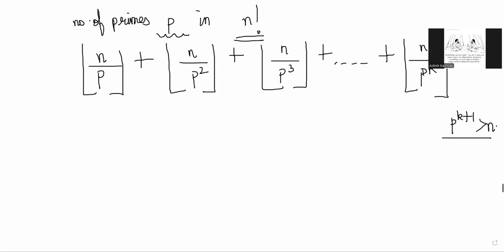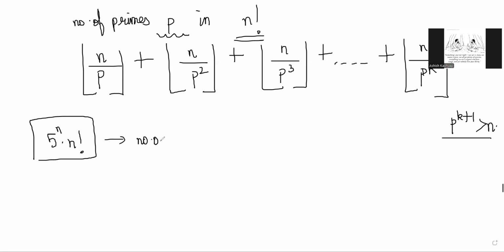Right. So for this number, our number was what? Our number was 5 power n into n factorial, right? We have to count how many zeros will come at the end, right? So think about it.